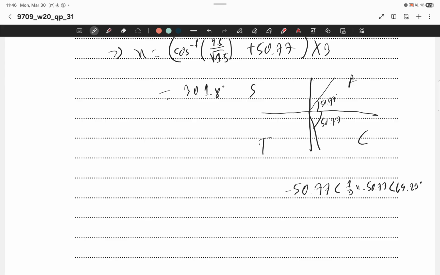So the first value, it will be in A. Let me wait. Where are we getting 49? The principal value.